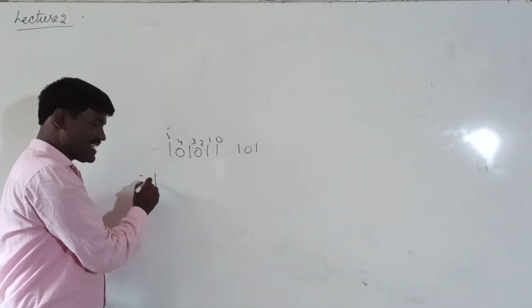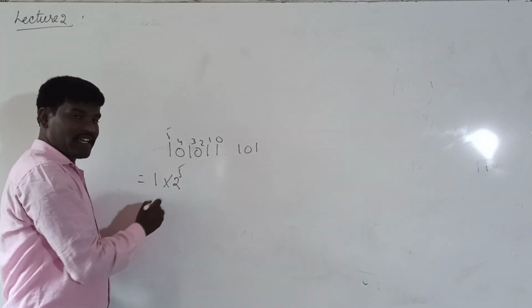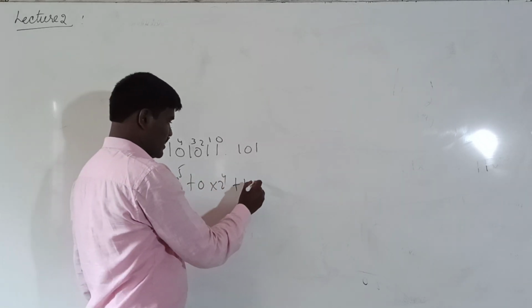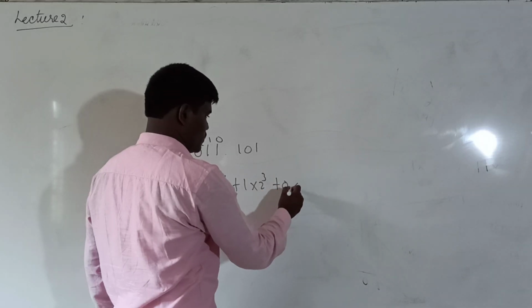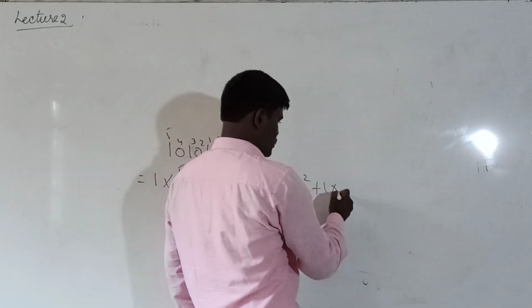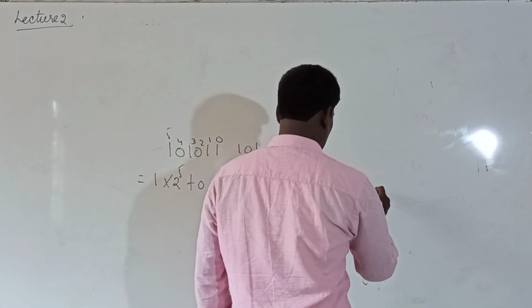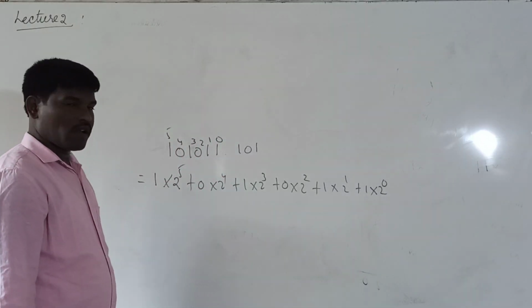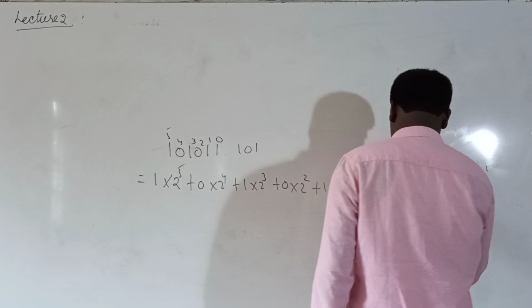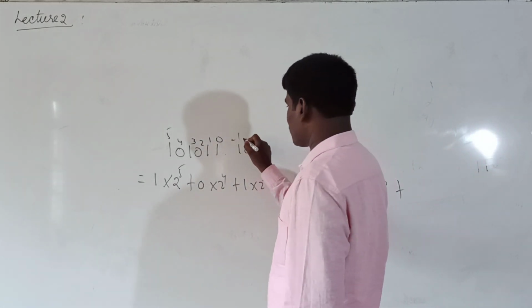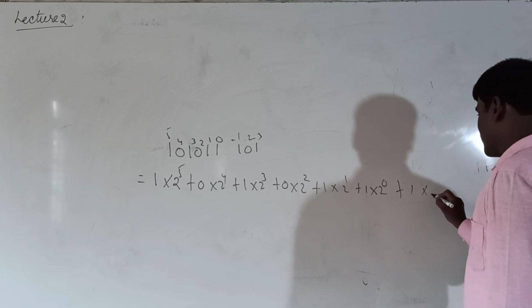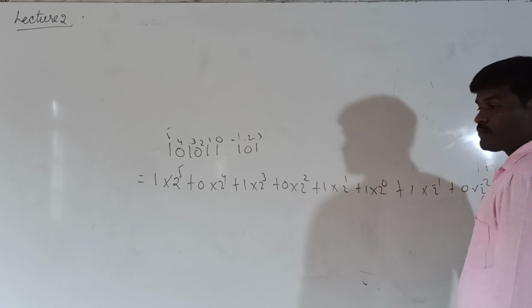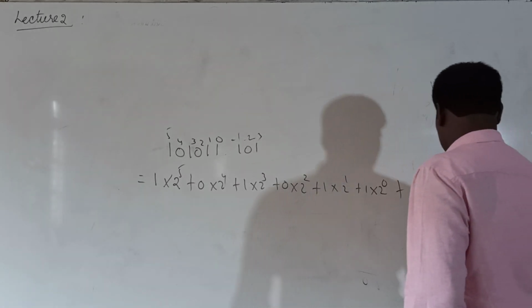So 1 into 2 to the power of 5, plus 0 into 2 raised to 4, plus 1 into 2 raised to 3, plus 0 into 2 raised to 2, plus 1 into 2 raised to 1, plus 1 into 2 raised to 0. Next, in the fraction part, minus 1, minus 2, minus 3. That is 1 into 2 raised to minus 1, plus 0 into 2 raised to minus 2, plus 1 into 2 raised to minus 3.